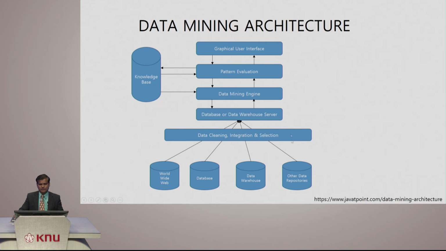So this is the actual hierarchy of how the data mining architecture functions. And as we perform these operations, whenever you find some information is useful, you save it to the knowledge base.